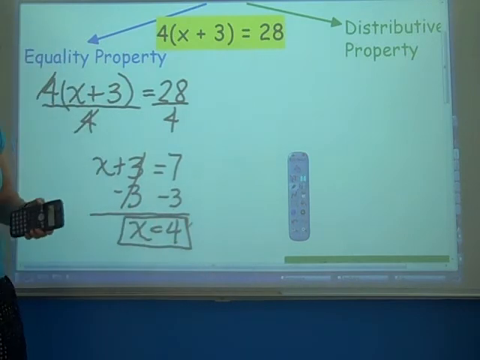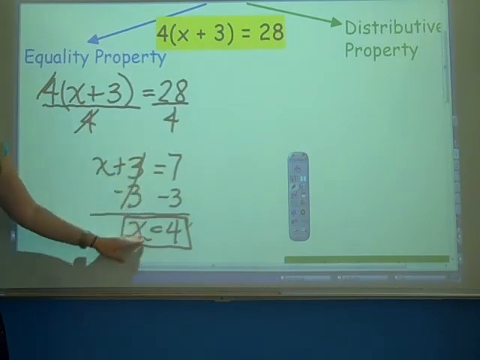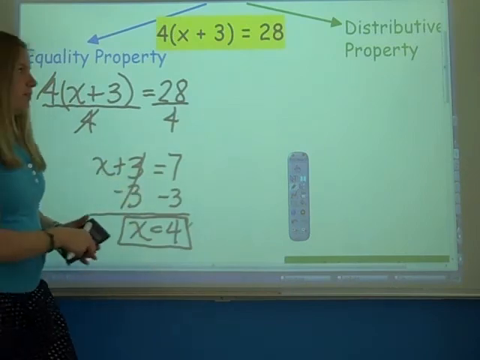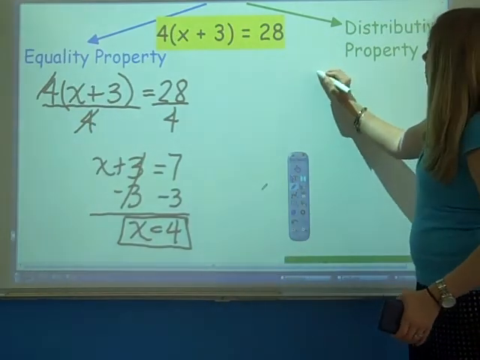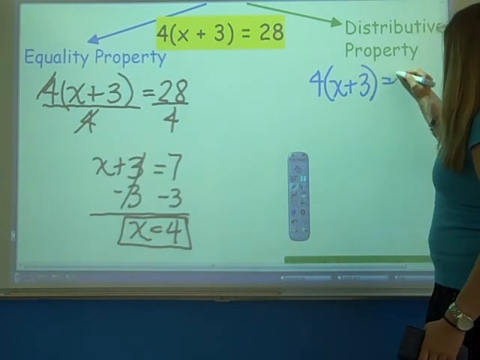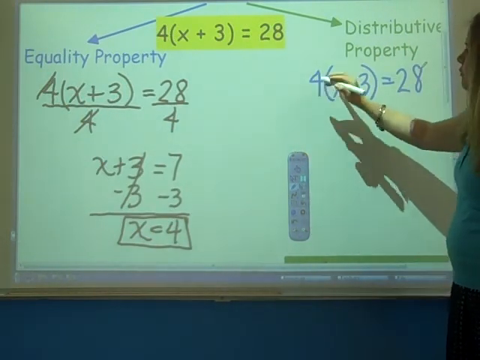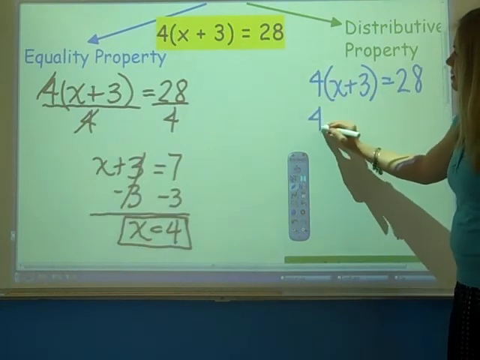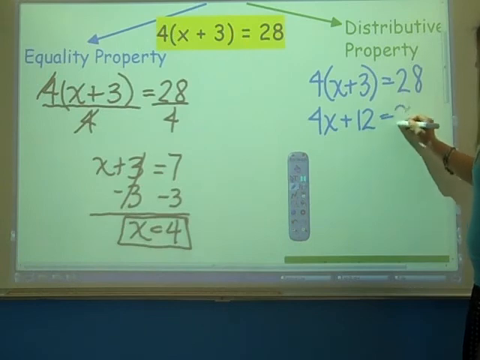Sometimes that will minimize the amount of work and get you straight to a one-step equation, and then get your answer. The distributive property way is where you distribute what's outside your parentheses first. So I do 4 times x is 4x, plus 4 times 3 is 12, equals 28.